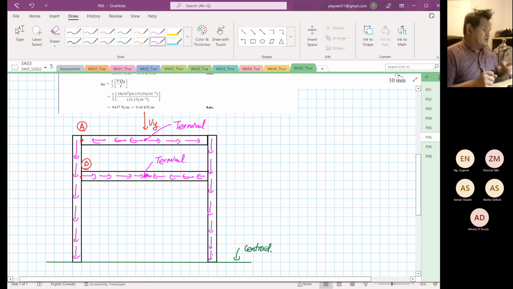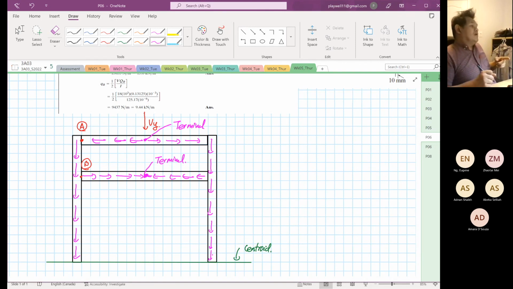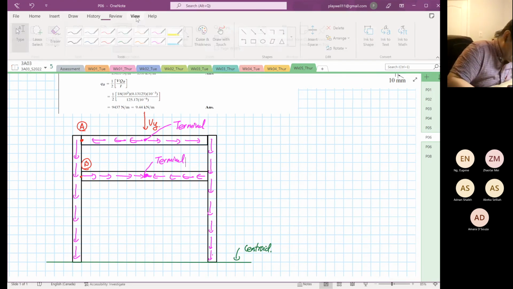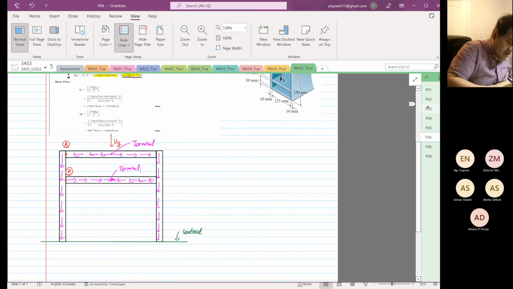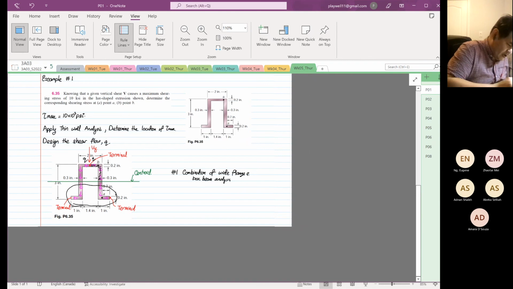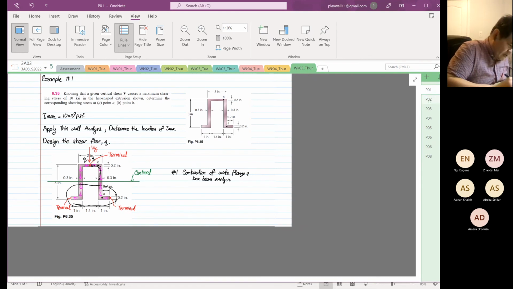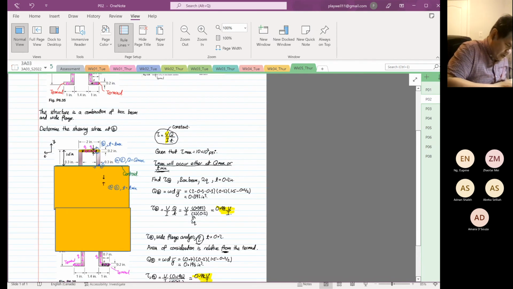So point A is easy. Point A is easy to find the first moment of area. But what is the first moment of point B? So what area to take? I think I did write this down earlier. Hold on, now I forget where I've written it.